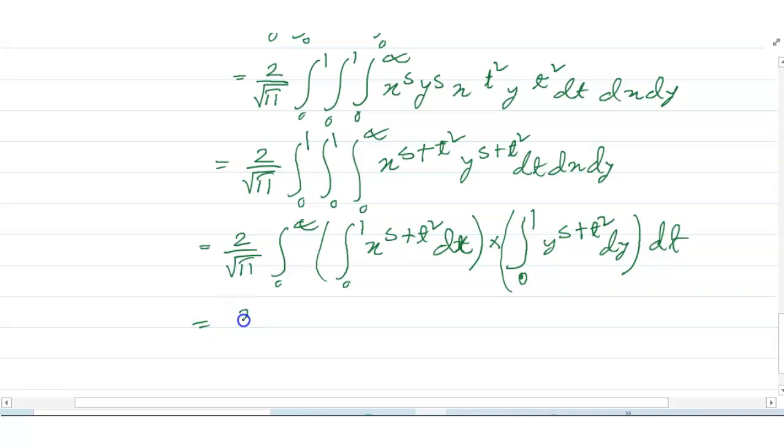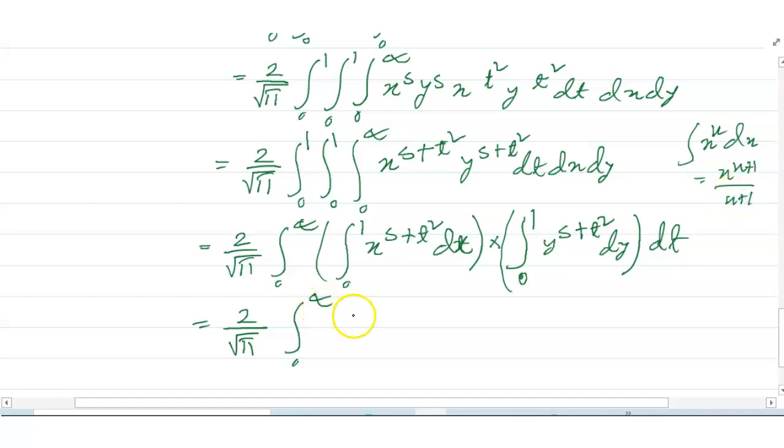Now I write this way: 2 divided by root over pi, and 0 to infinity, and this portion is very simple. The formula is integral of x to the power n dx is equal to x to the power n plus 1 divided by n plus 1.